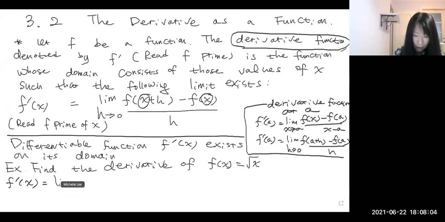So limit h approach to 0. So x plus h, right? So we had experience, maybe several experience, right? Or less, a little bit. So we're gonna plug in x plus h into x, where is the function? Into there, okay?